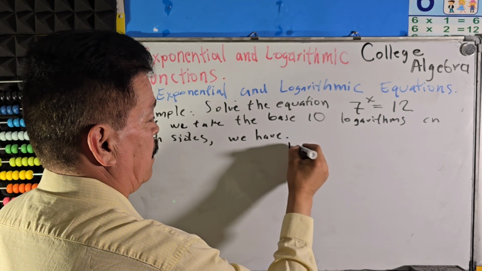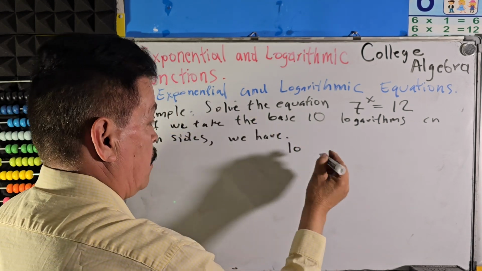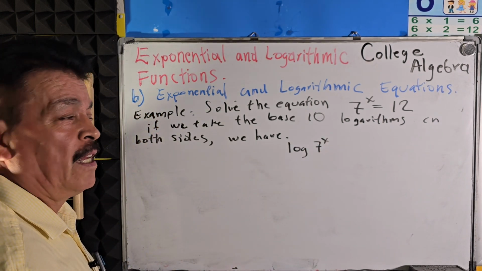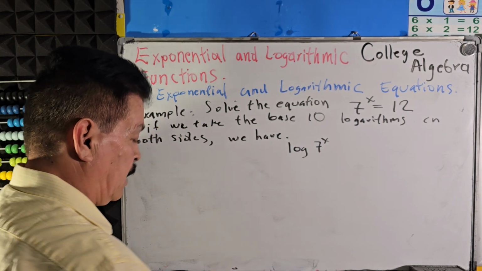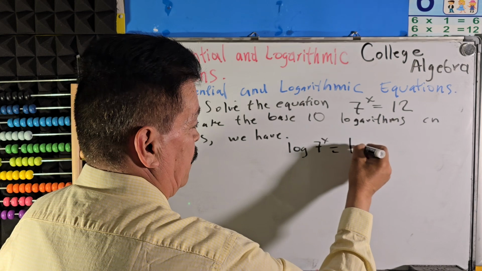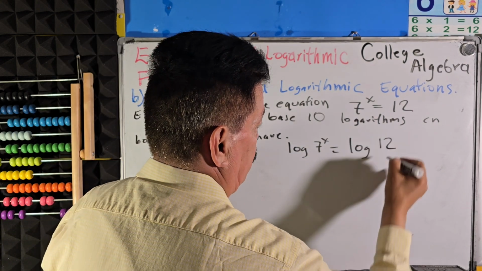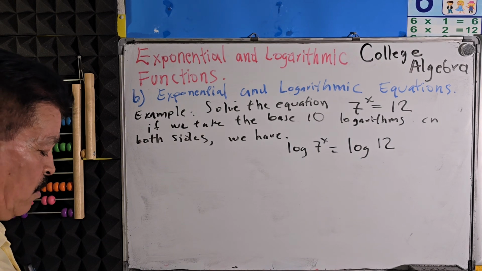So let's write log of 7 to the x power. It's very simple. This section is very easy. So we will have log, this equals log 12. So this is the way to write that problem.